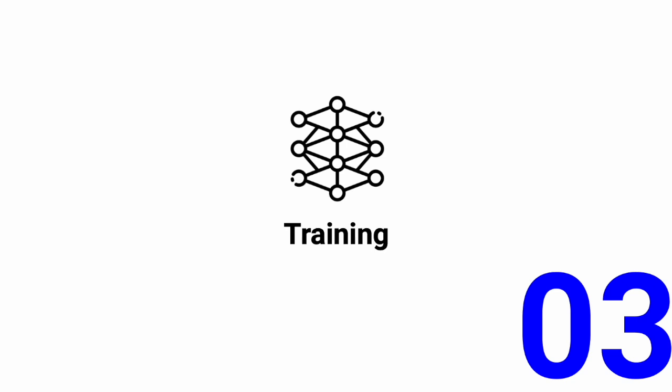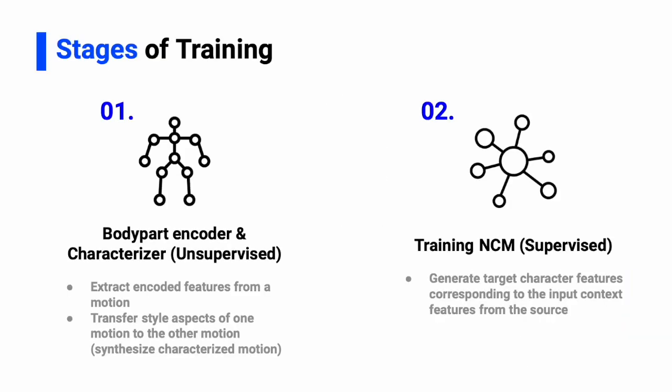Next, I will briefly introduce the training part of this model. There are two stages of training in this paper. First stage is training body part encoder and characterizer. This training is conducted in an unsupervised way, and body part encoder extracts encoded features from a motion.